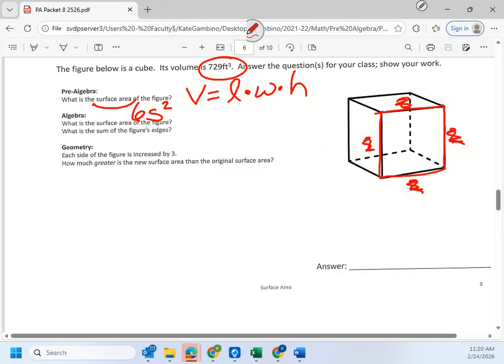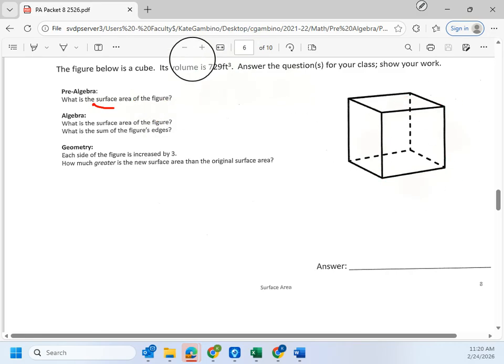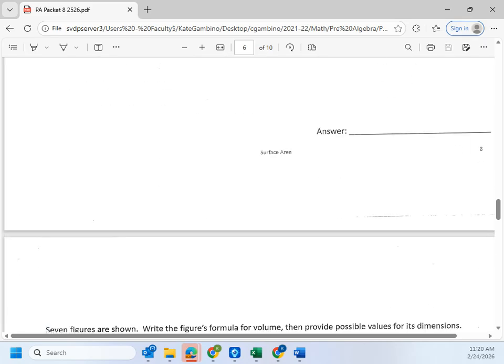If it doesn't, I can't use a 5 for my surface area. Okay. Guess and check some numbers, narrow it down to find what number gives us 729 for a volume, then use that side length to get the surface area. That is the answer you're going to put for your answer. Show your work.